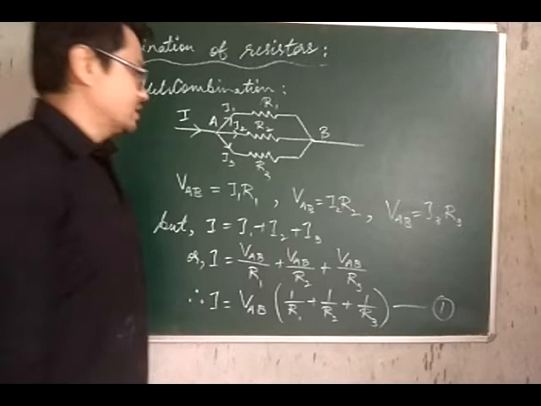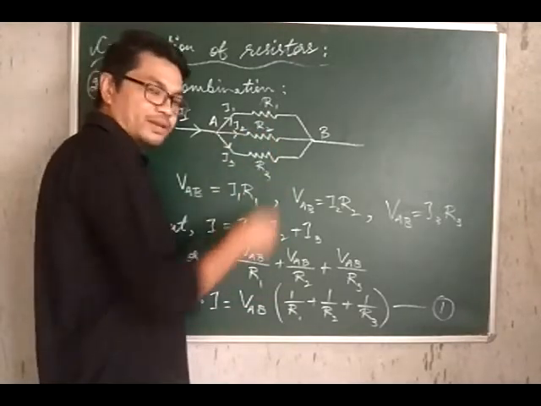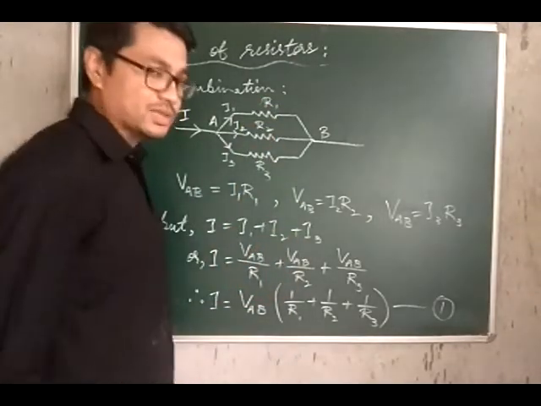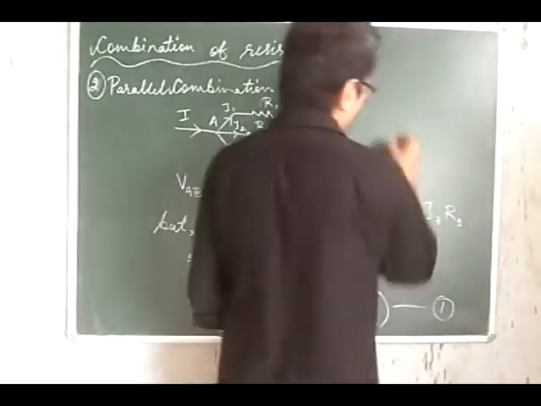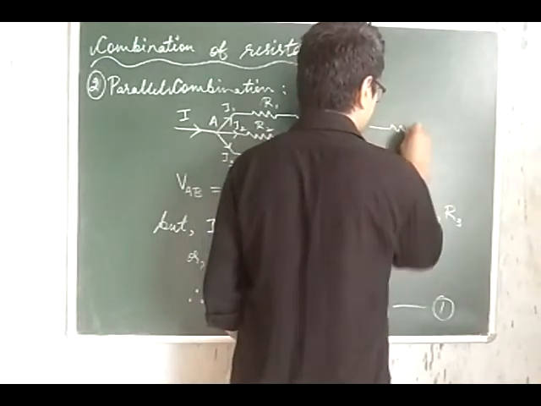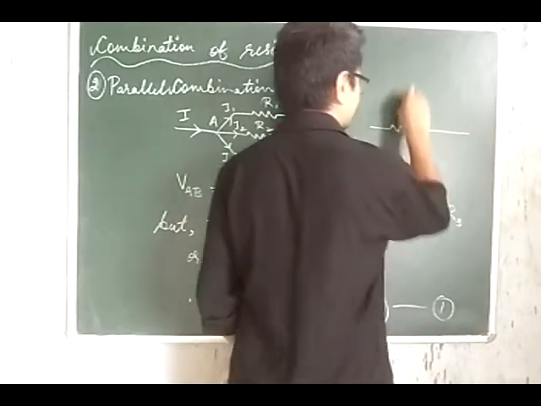Now the same argument. Instead of having 3 resistors combined, we can replace the 3 resistors by a single resistor. Let's call it RP.